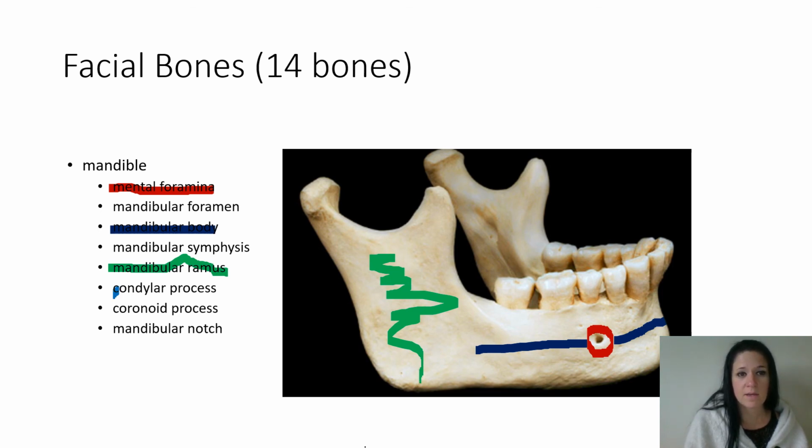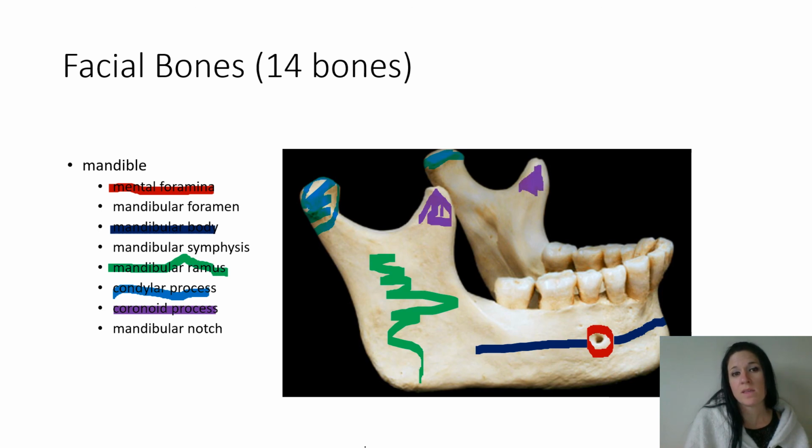The condylar process is going to be the more posterior, rounded process. And then the coronoid process is going to be the more anterior, pointed projection.